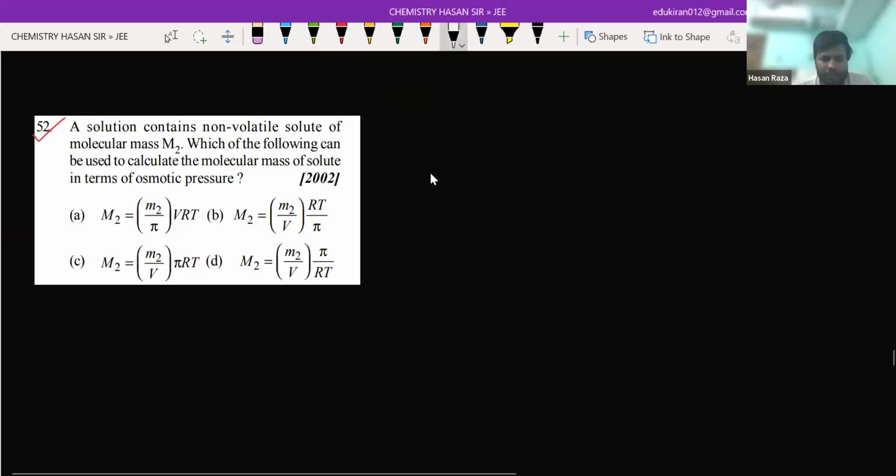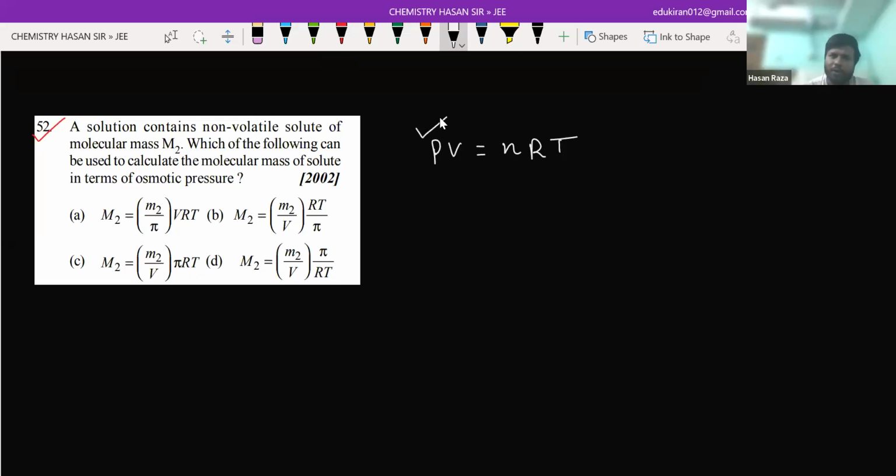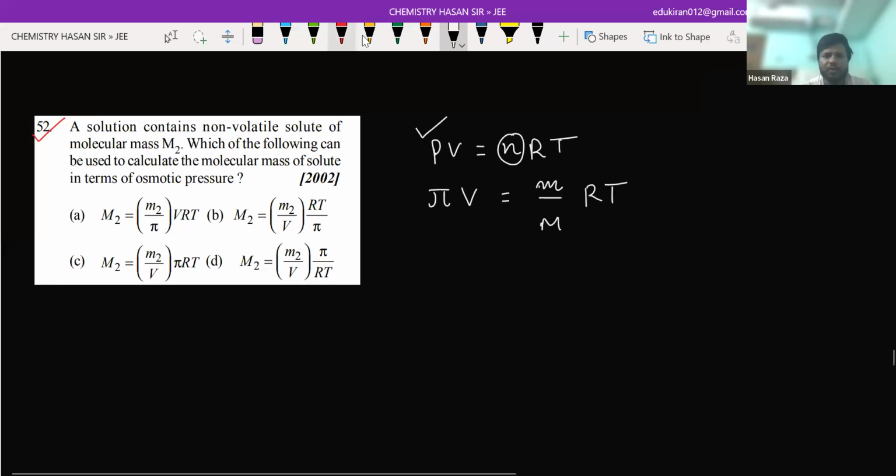Okay. So you are aware of this PV is equal to nRT, both of you, right? Yes or no? Shahid, yes, sir. This P I am going to denote with pi, that is osmotic pressure. Pi V is equal to nRT, and n is given mass upon molar mass, R into T. As you can see in the question, it has been asked which of the following can be used to calculate molecular mass of solute in terms of osmotic pressure.